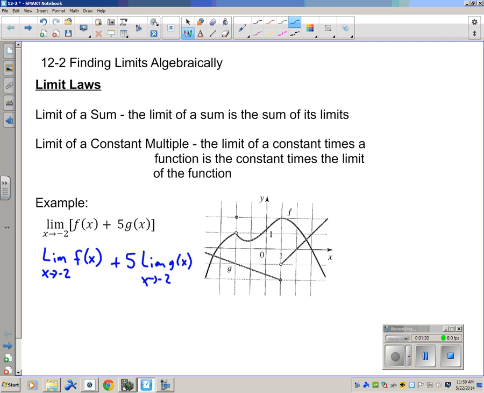So I pulled that all apart using the two rules that are up there. You've got the sum of them, and then the constant goes times the limit of g of x there.